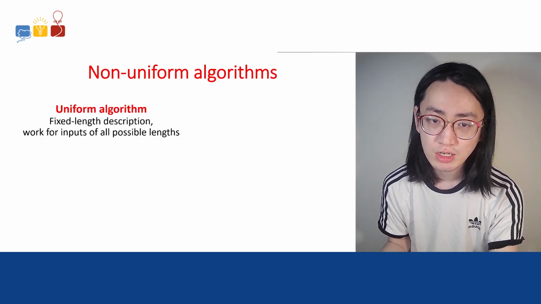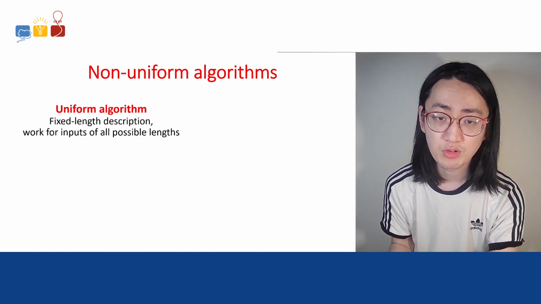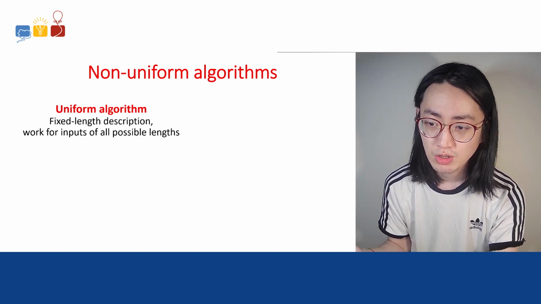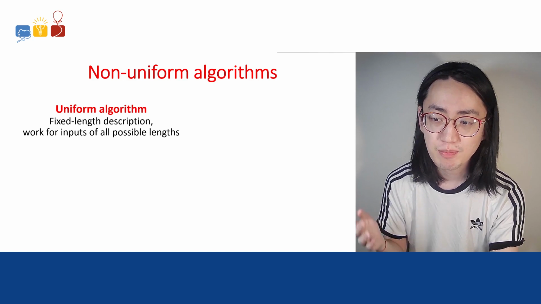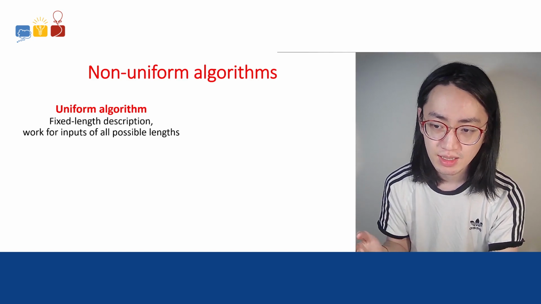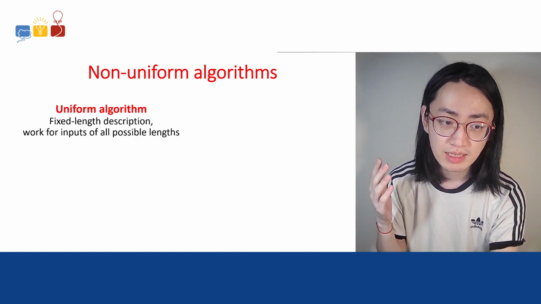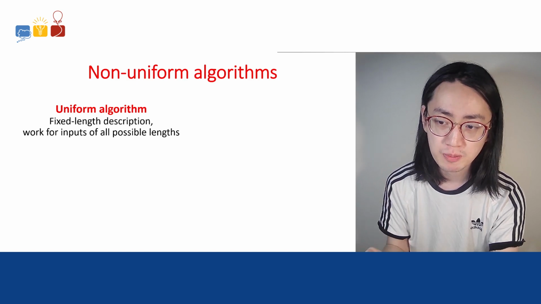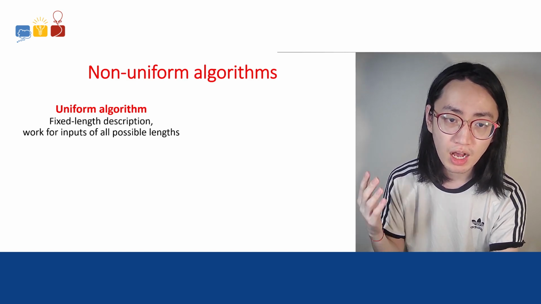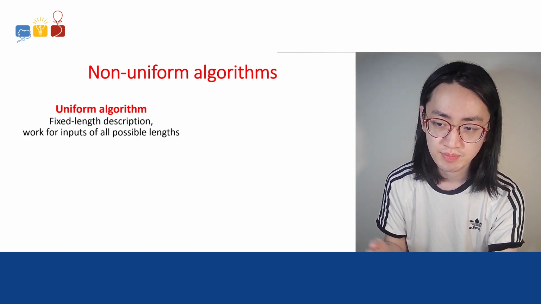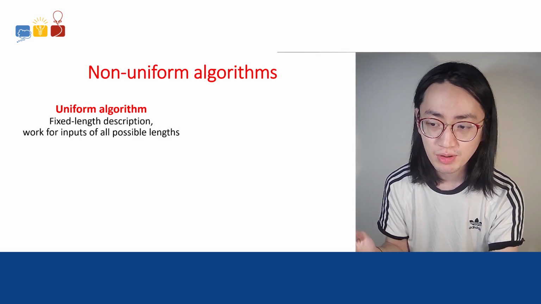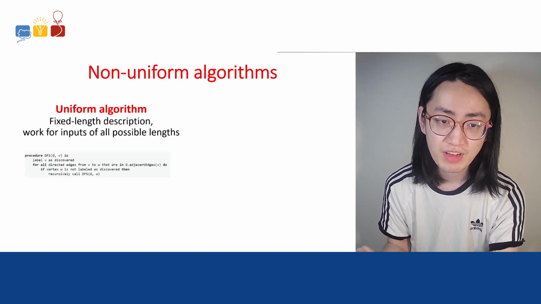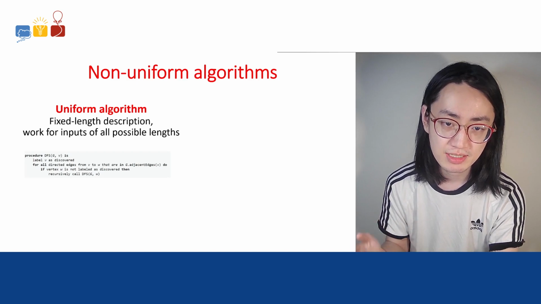In more detail, usually by algorithms we mean uniform algorithms, which is a piece of program with fixed length, and this program is supposed to solve the problem for all possible input lengths. So for example, consider the famous algorithm of depth first search.